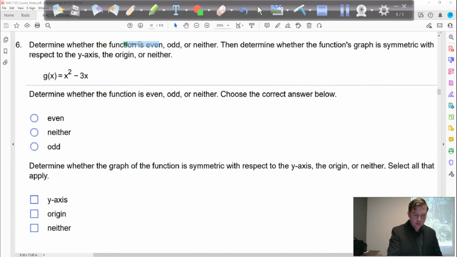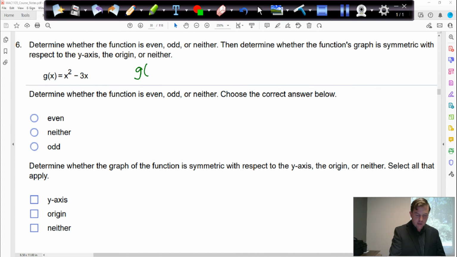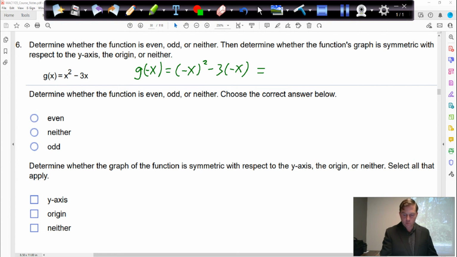Okay, in 6, we're going to do the same thing. So we're going to replace x with negative x, and we're going to get negative x squared minus 3 times negative x. And because it's an even power, the minus sign will go away, so you're just left with x squared. But these will double negative cancel, so you get plus 3x.